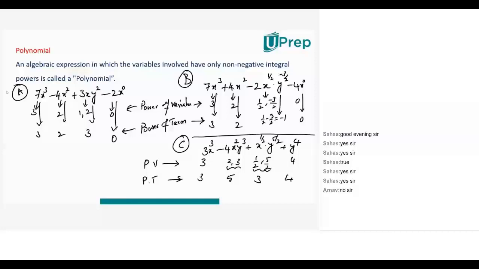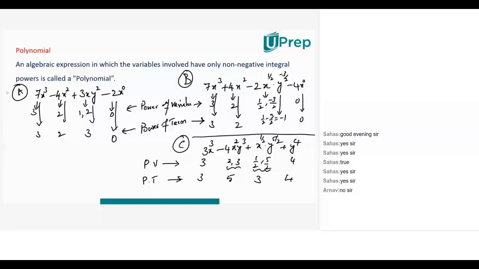No, sir. Why is C not a polynomial? Sir, C and B both are not polynomials because the power of the term is positive, or in B it is -1, and in C it's 3. Right. But in a polynomial, it is written that variables. So we consider the variable when describing a polynomial.